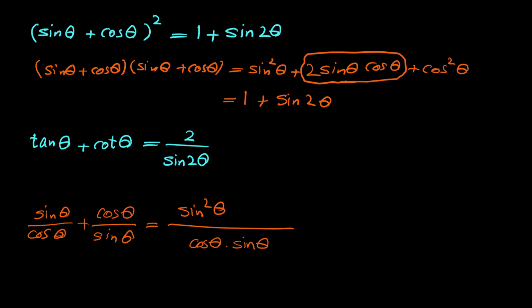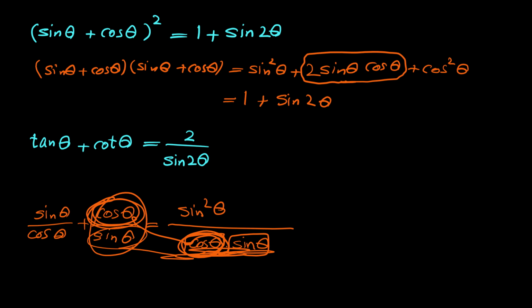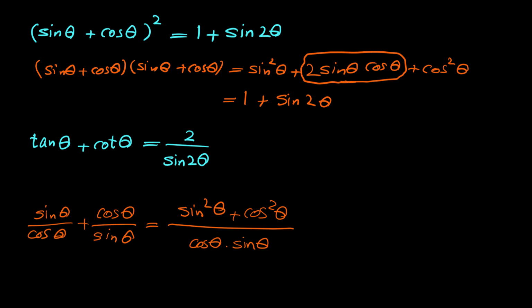For the other fraction, here we have a sine theta. But the common denominator is cosine theta sine theta. So the denominator is multiplied by cosine. So multiply the numerator of this fraction also by a cosine. And then the numerator would be cosine to the 2. So plus cosine to the 2. Look at the numerator. What do you notice immediately? Right away. Sine to the 2 plus cosine to the 2.